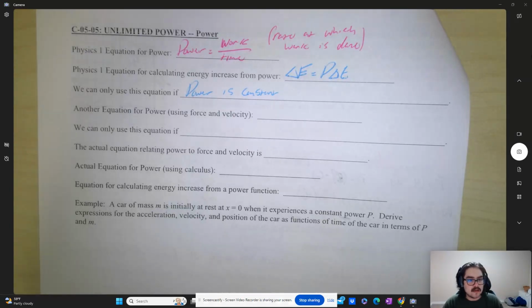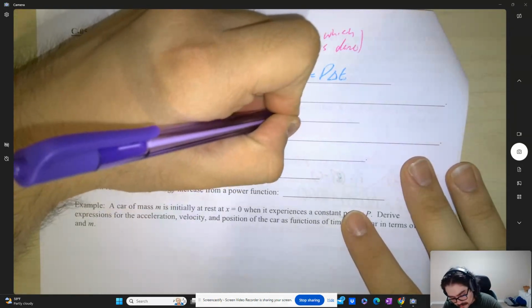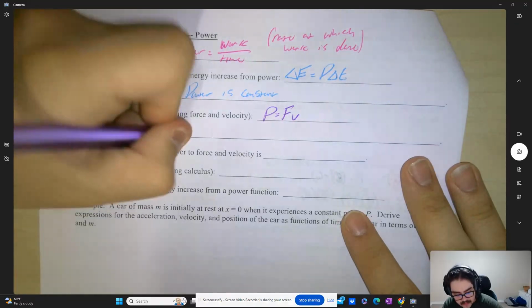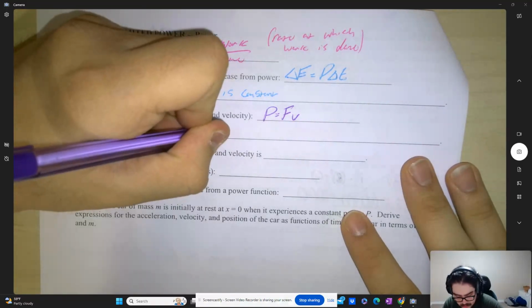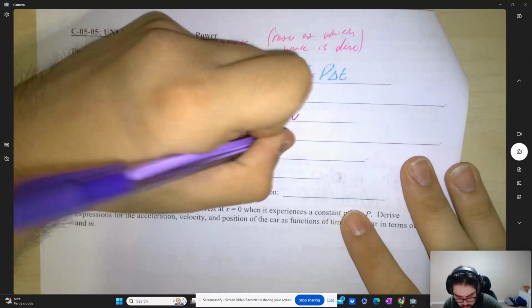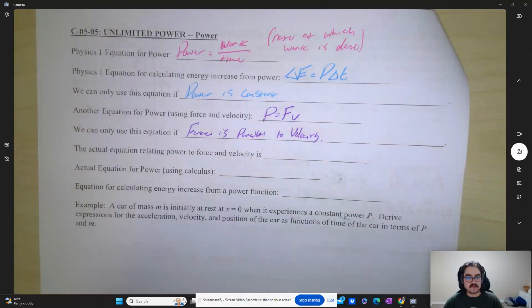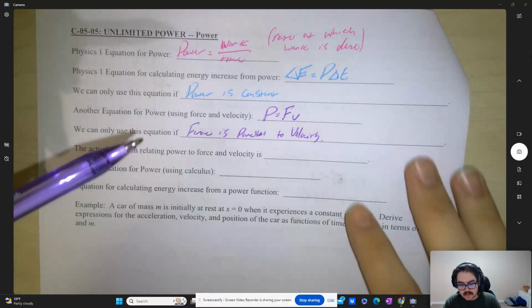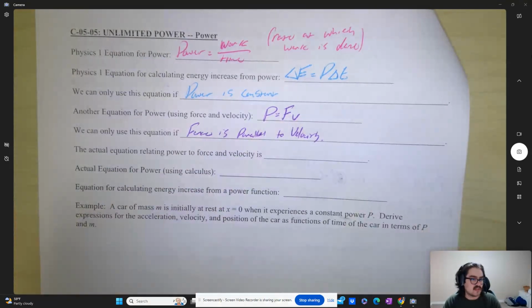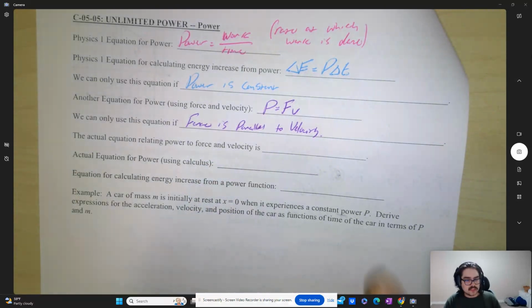Another equation for power that you learned in Physics 1 is P equals F times V, force times velocity, and this is only if force is parallel to velocity. You can't use this in any other case. Otherwise, the actual equation is F V cosine theta, which is actually the dot product.